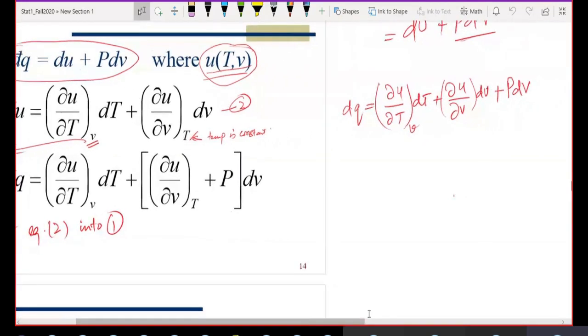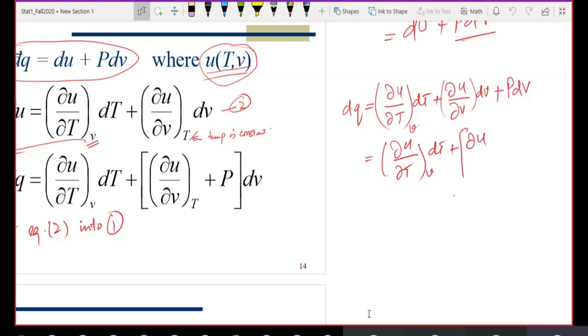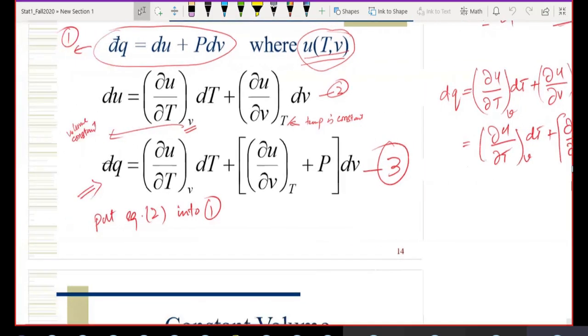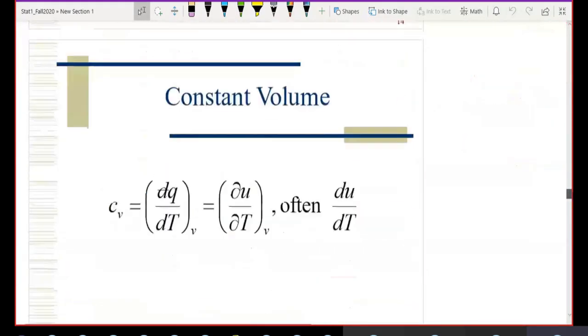Okay, and then you just have to take the things common. Partial u over partial v plus p dv is common from these two. So your equation 1 now becomes equation 3. Okay, I think that is quite straightforward.